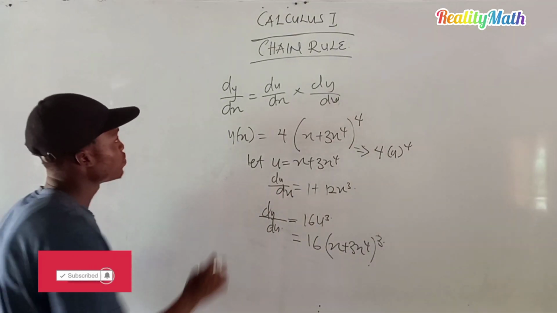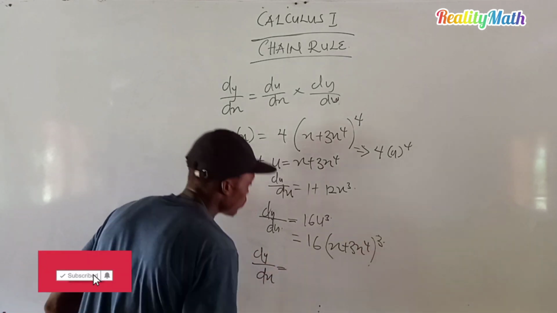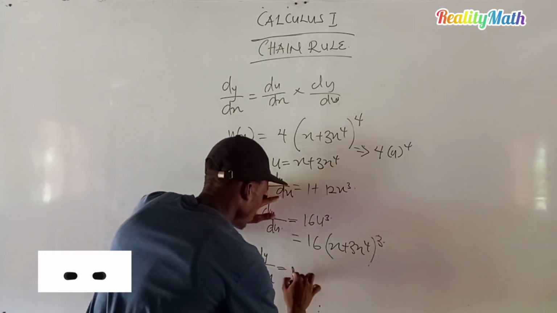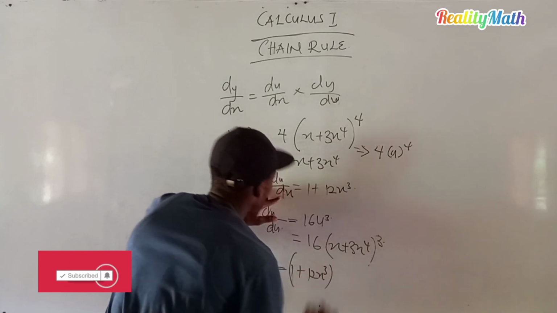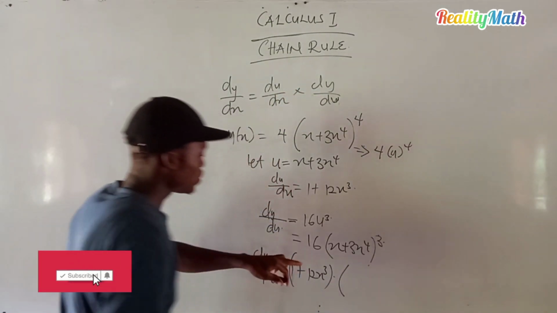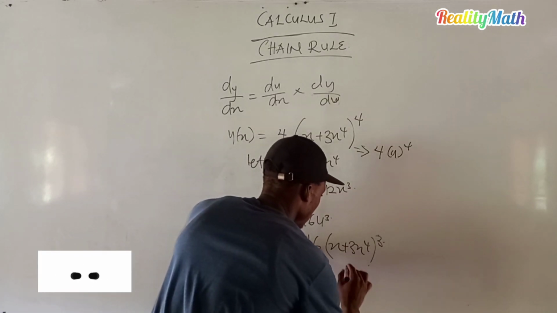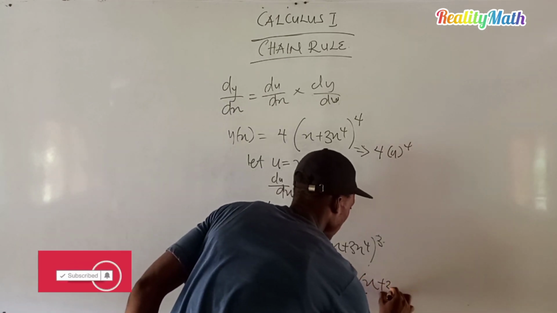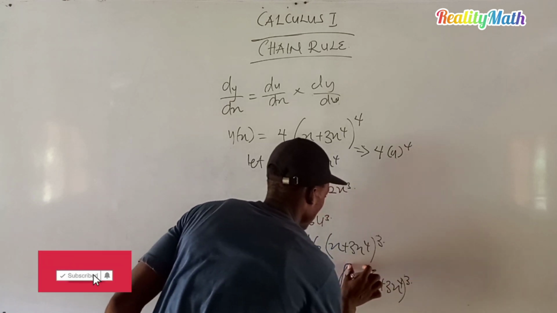So our dy/dx is now equal to, what is our du/dx? 1 plus 12x to the power 3. That is our du/dx. Our dy/du is 16 times x plus 3x to the power 4, all to the power 3.